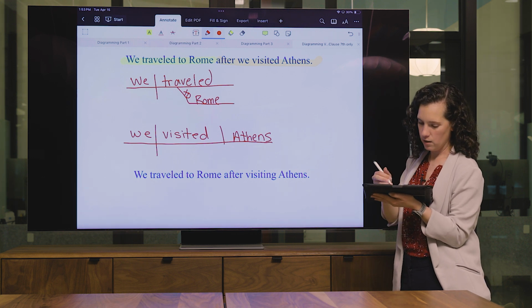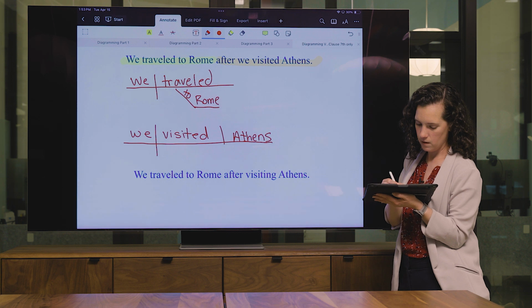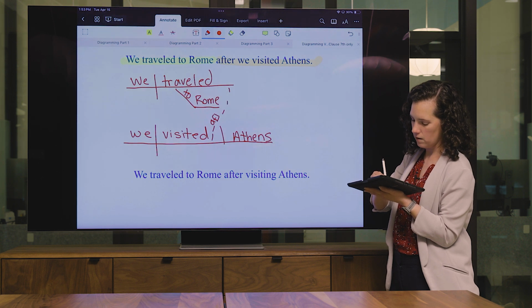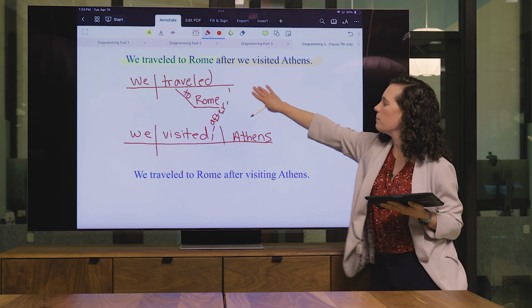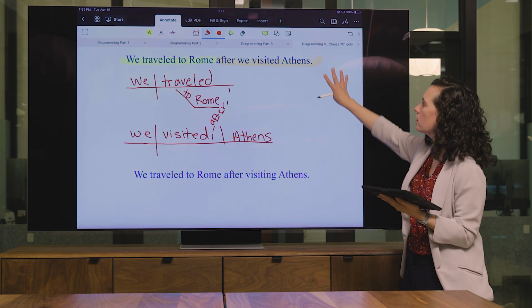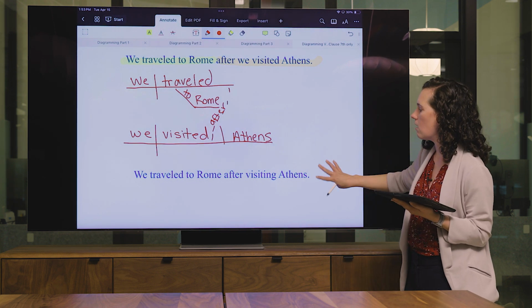So we connect traveled to visited, and we place our word after as our subordinating conjunction that connects them from simple predicate to simple predicate. Now, these are sentences with two clauses in them, an independent clause and a dependent clause.